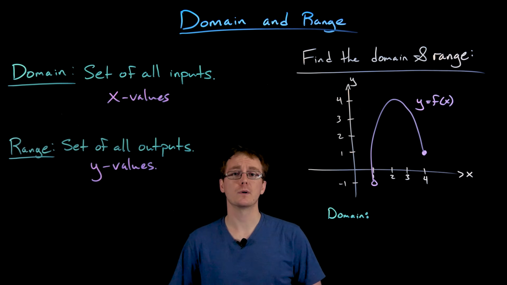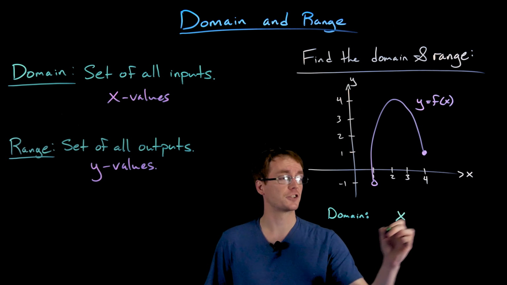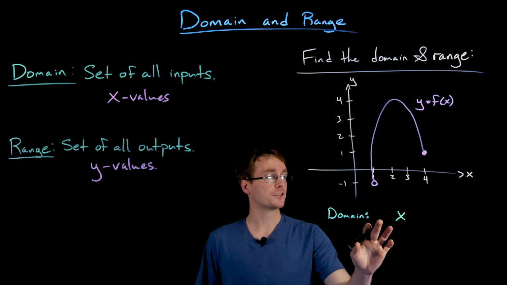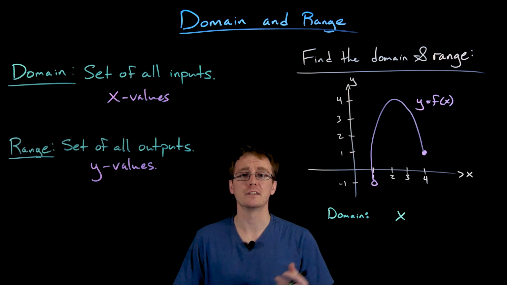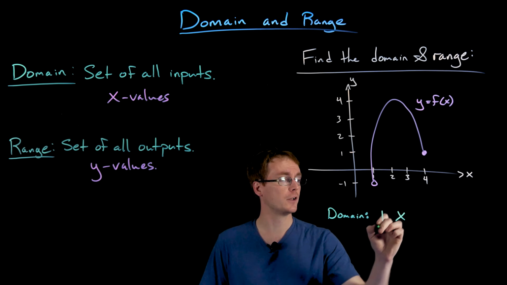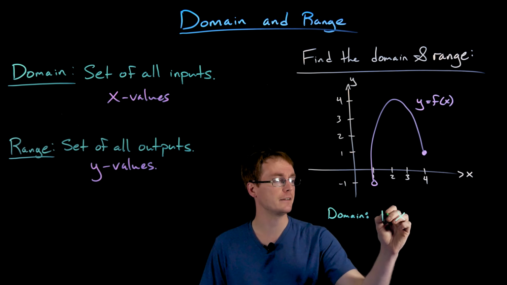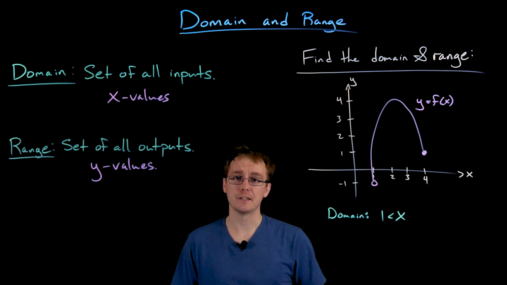Let's start with inequality notation. So we're describing the domain, that's some x values. On the left is the smallest x value we hit, and on the right is going to be the largest x value we hit, or at least get close to. As we discussed earlier, the smallest x value we can get close to but not actually obtain is the x value of 1. So we have to use a non-inclusive inequality sign there.